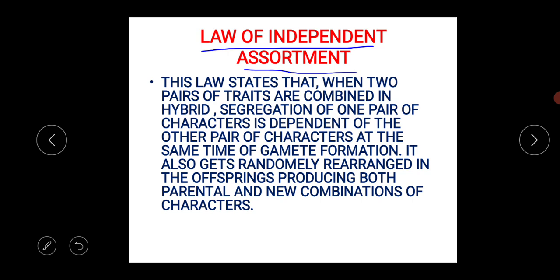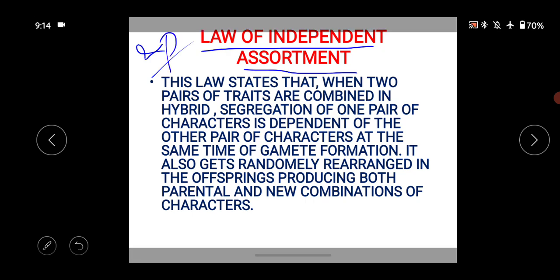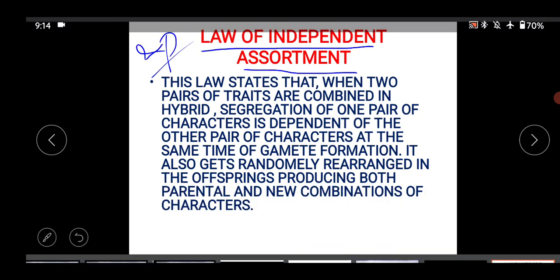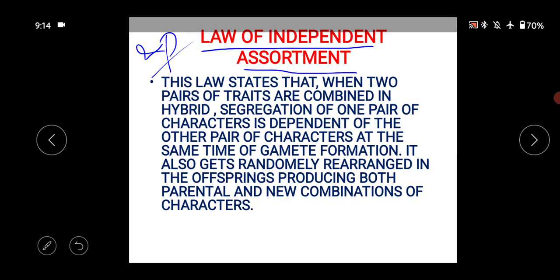The first is the law of dominance and the second is the law of segregation. And for Mendel's dihybrid cross, we get one law only, the law of independent assortment. This is very important for your exam also.